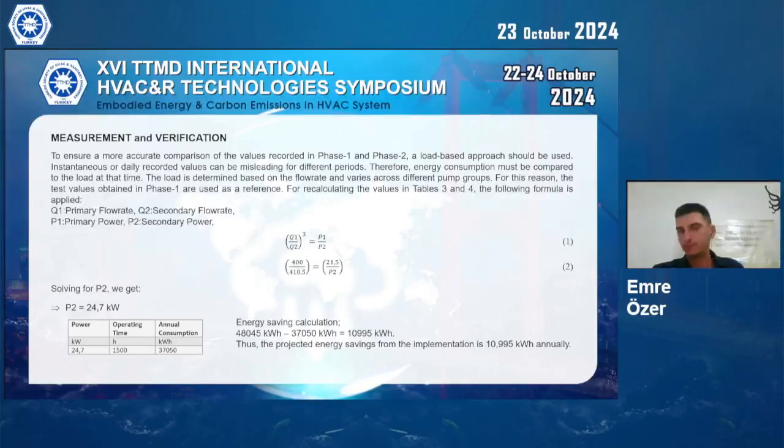Like I just said, instantaneous or daily recorded values can be misleading for different periods. Therefore, energy consumption must be compared to the load at that time. The load is determined based on the flow rate and varies across different pump groups. These are our formulas to make this comparison more accurate.